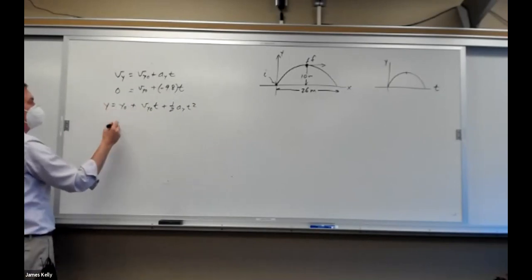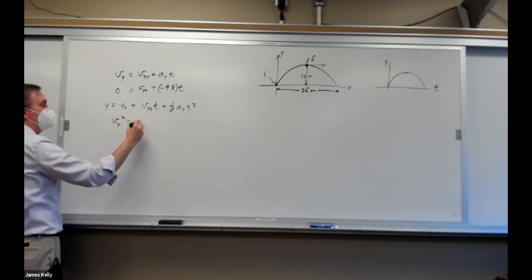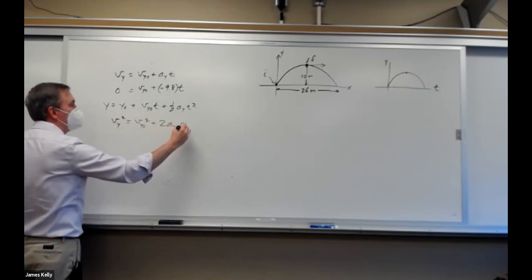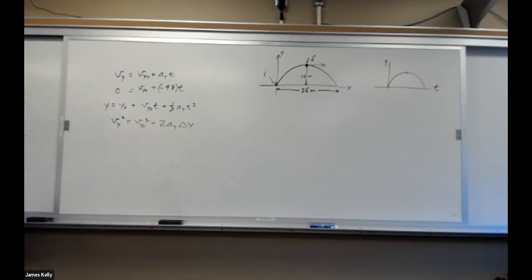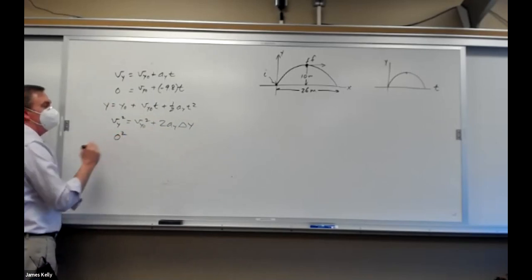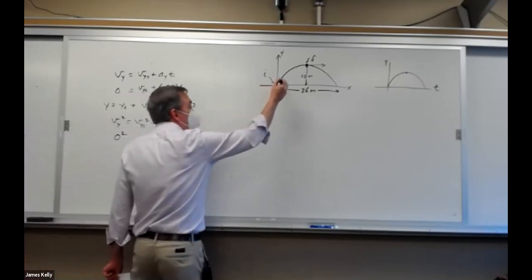Let's try the other one. The other one looks like this. I call it the third equation. Vy squared equals Vy initial squared plus 2 ay times delta y. Delta y is the displacement in between initial and final. So in this case, you guys already told me Vy final is 0 for my definition of initial and final.